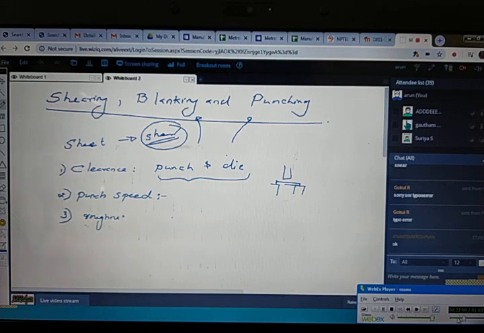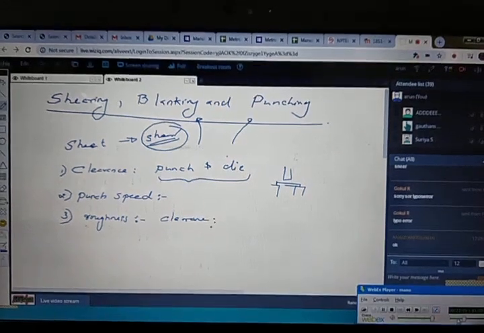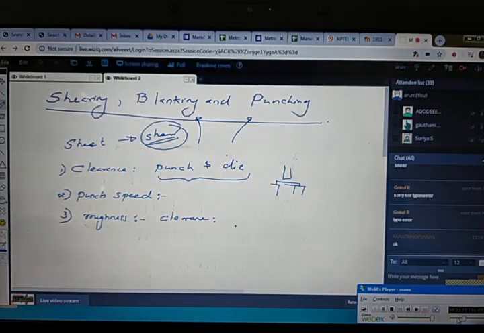It will produce some rough surfaces. What about the roughness there? The roughness will be more if the clearance is higher.